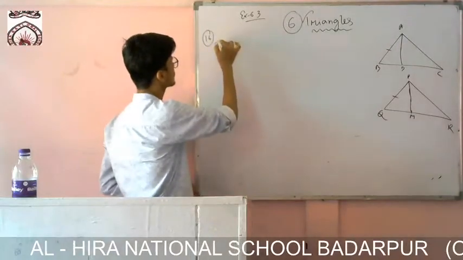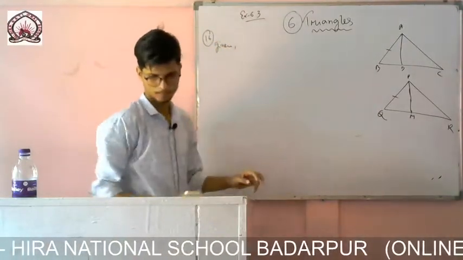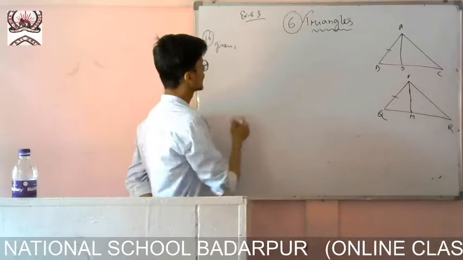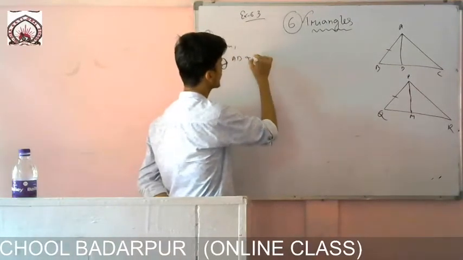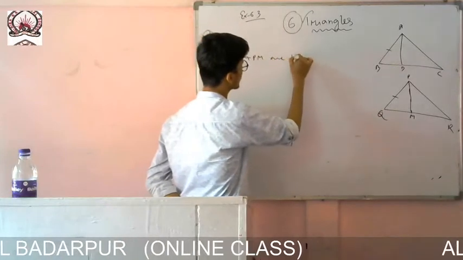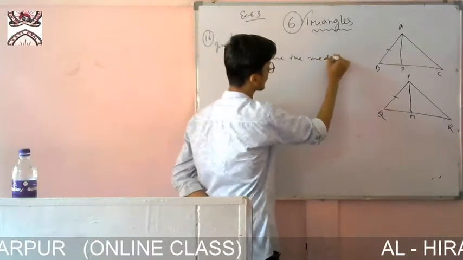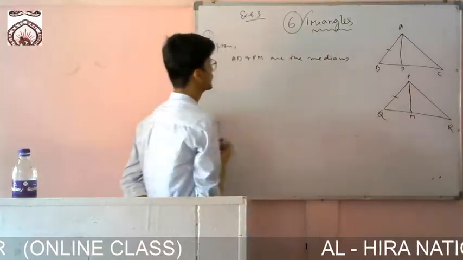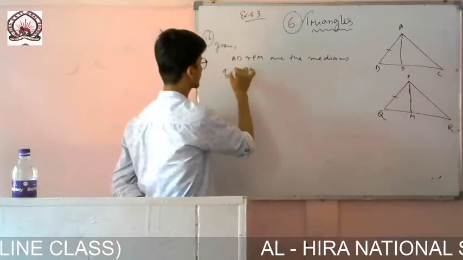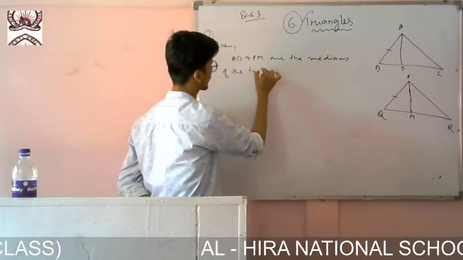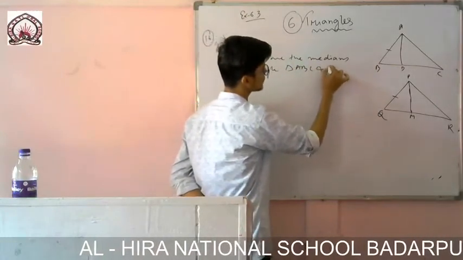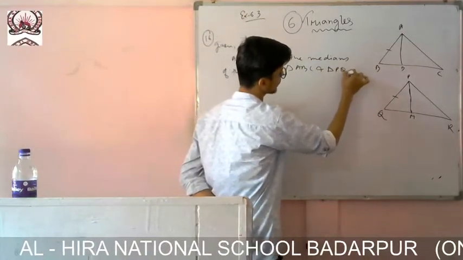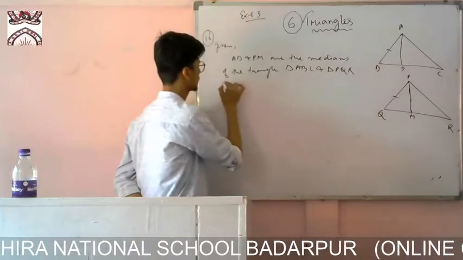You write like this: given AD and PM are the medians of triangle ABC and triangle PQR respectively.